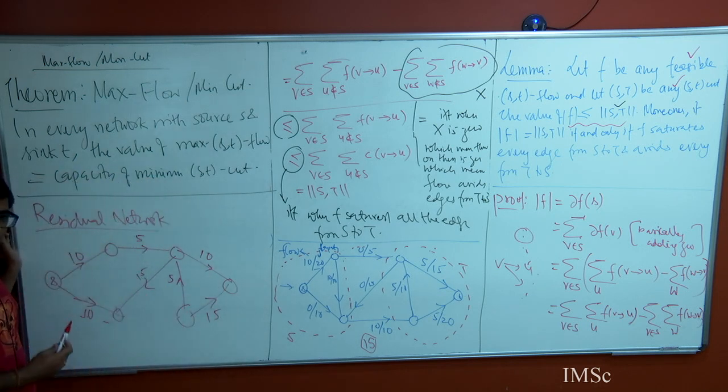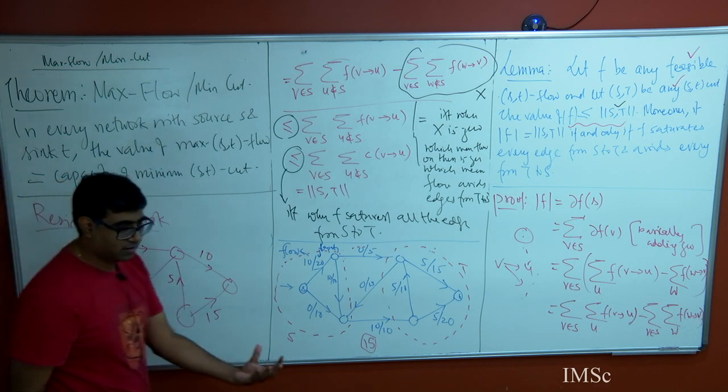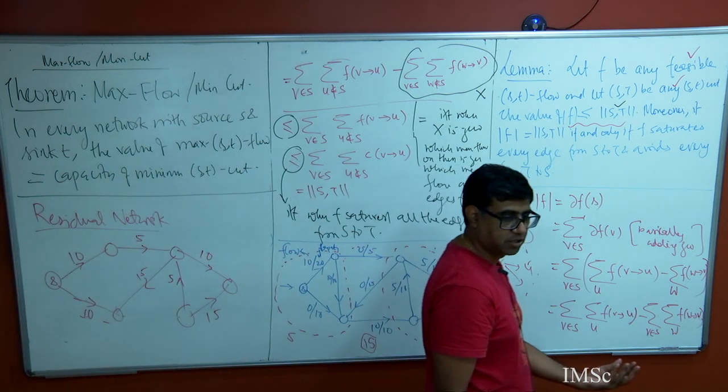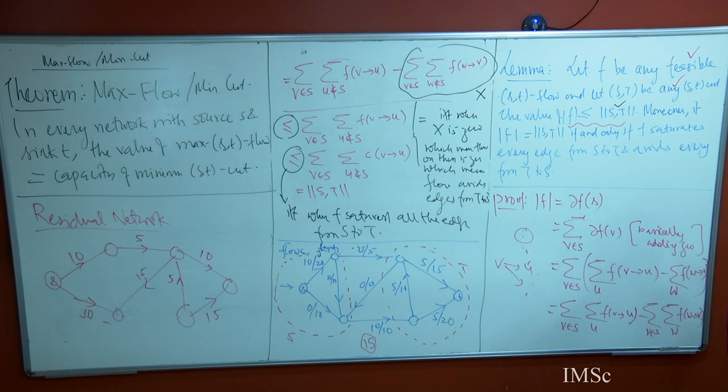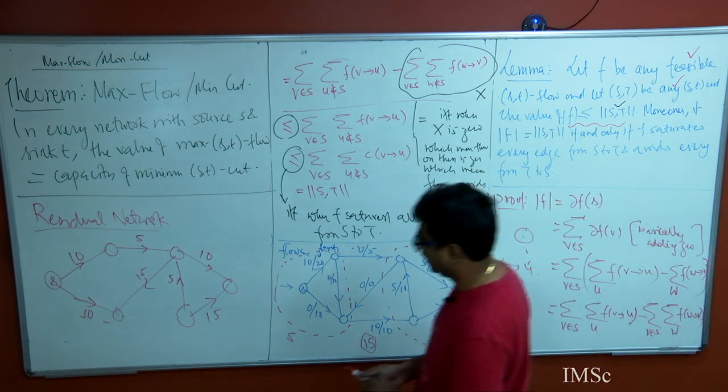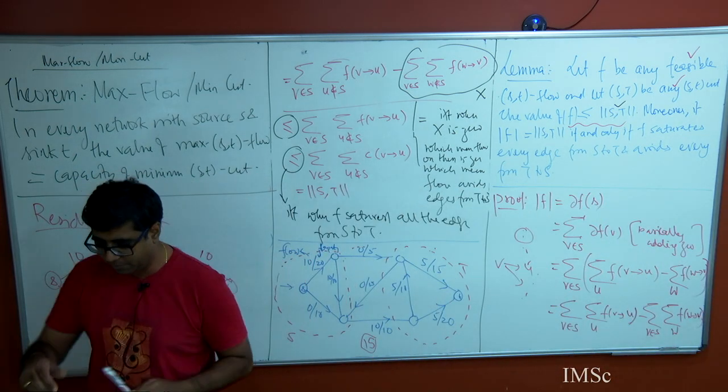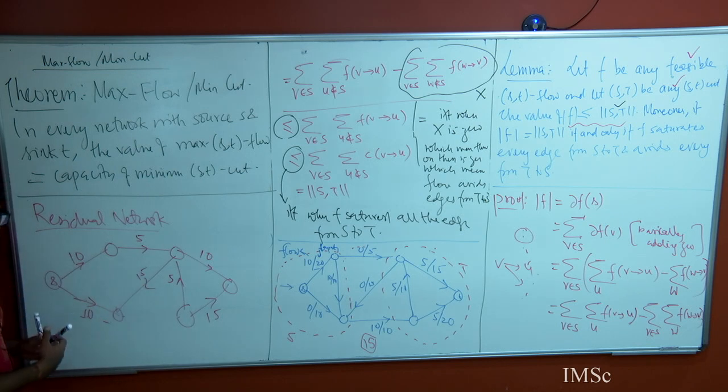So this should be the most natural way of defining a residual network: look at the channels, I'm using this much and not using this much, so that is what is remaining. And we should try to find a path from S to T in this network and try to augment the flow along it.